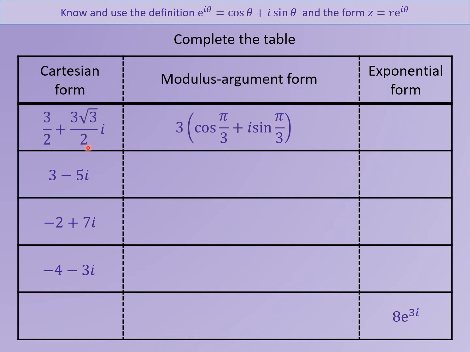So I get that for my Cartesian. 3 cos pi over 3 is 3 over 2. 3 sine pi over 3 is 3 root 3 over 2. For the exponential form, I just put the 3 and the pi over 3 in those two places. Okay, right, so if you want to pause and have a go at the others yourself, you can do.